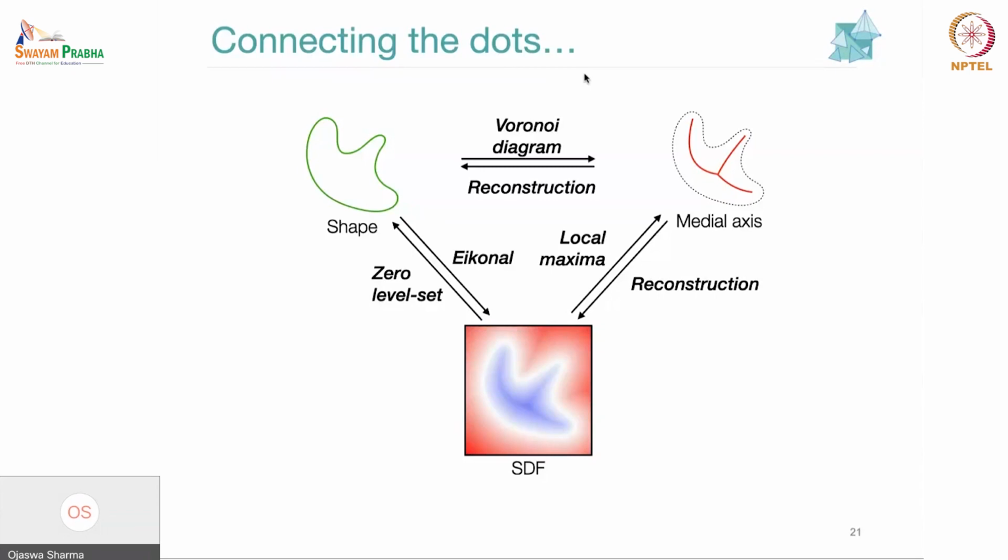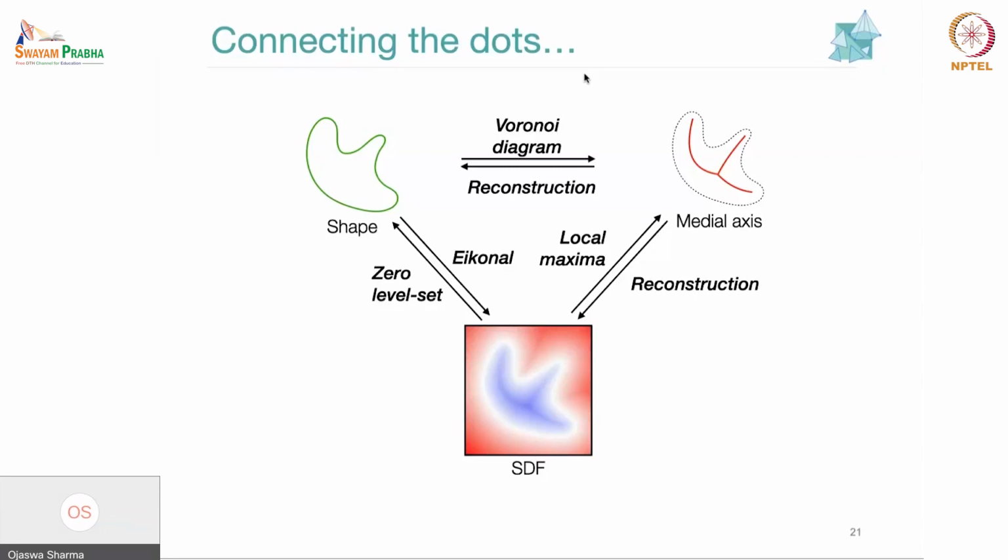On the other hand, I have the medial axis, and I can compute the medial axis, or at least approximate the medial axis using the Voronoi diagram. There are, of course, other techniques to calculate the medial axis as well. For example, the maximal ball is the basic definition of a medial axis. And the medial axis is a reduced representation of a surface.